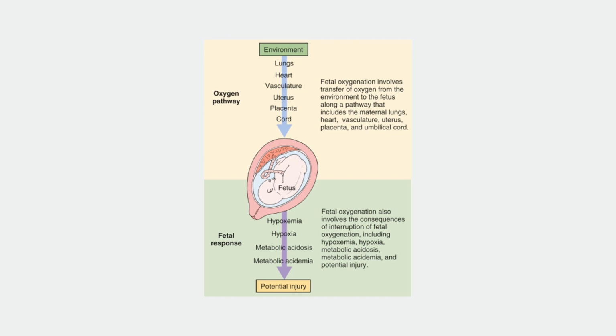They can handle the stresses of labor. But if you have a baby that's sick in there, or they have intrauterine growth restriction, or they have something going on, they're not going to respond as well. So you can predict that these babies may not labor. They may not tolerate it. So if you're thinking in terms of these things, you can kind of predict, okay, what's going to happen here?